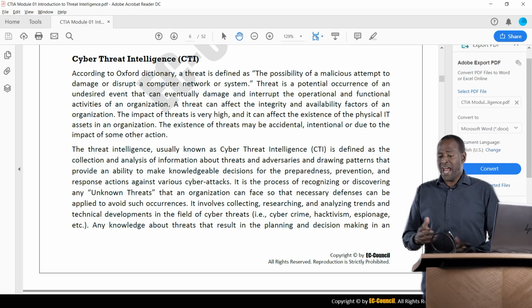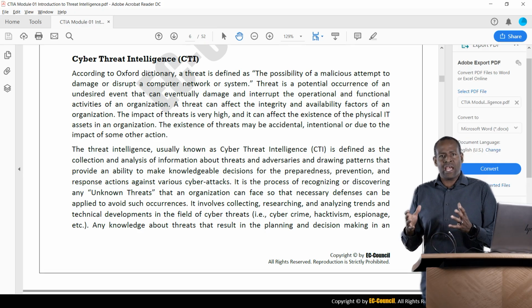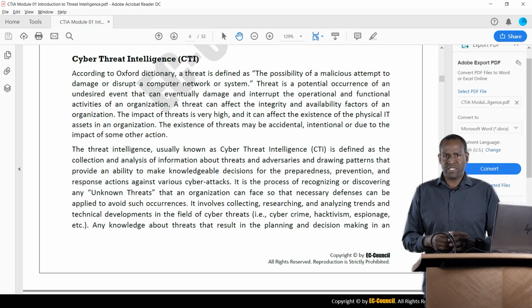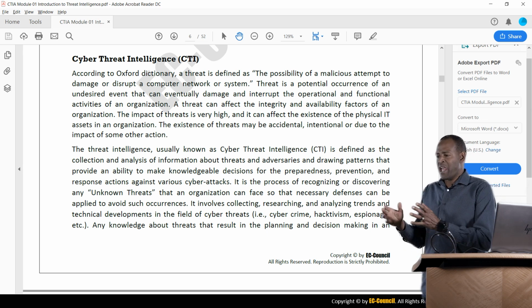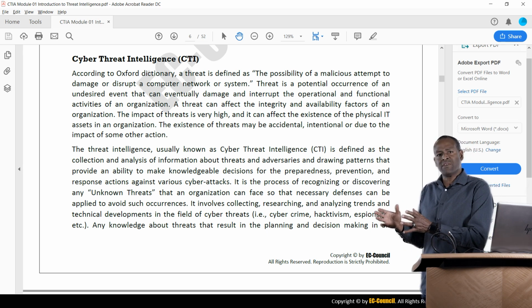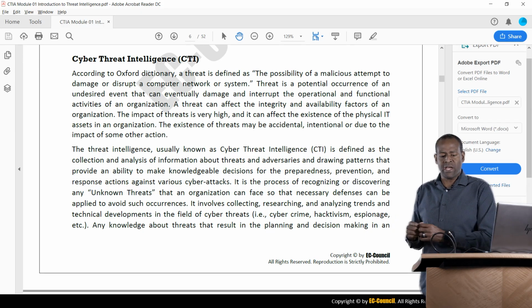So for instance, let's say I have a server, and the server, because of its firmware or its operating system version, or software that's running on it, has a possibility of compromise. Let's say that I have a printer, and because of that printer's firmware, there's a possibility of compromise.